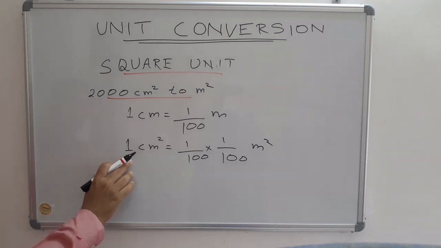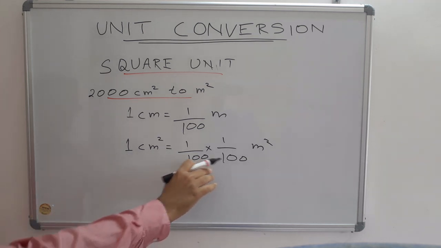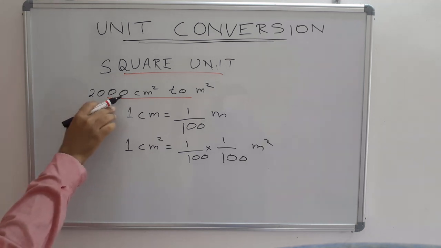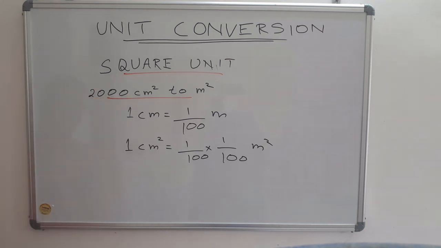So when we got 1 centimeter square equal to so many meter squares, what we have to do is just multiply with what we need to get. 2000 centimeter square. So we'll multiply by 2000.